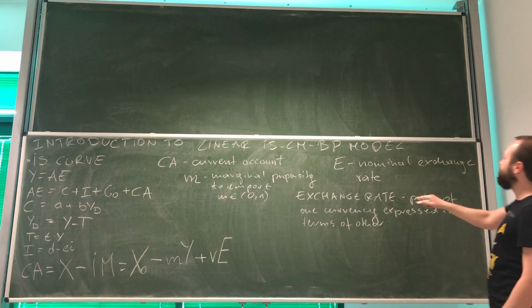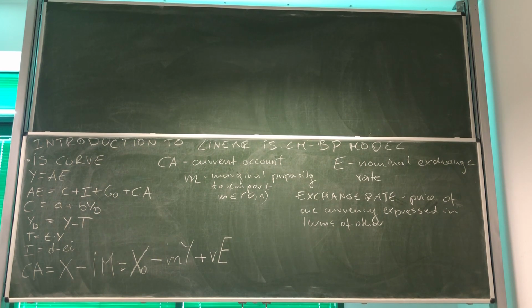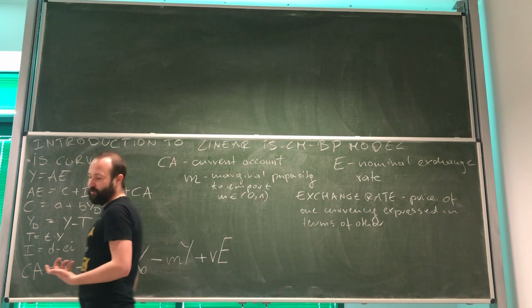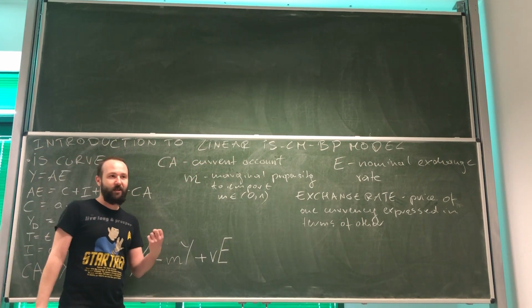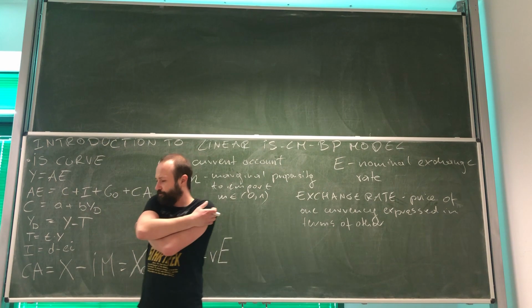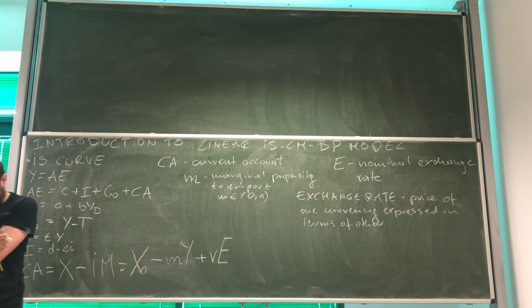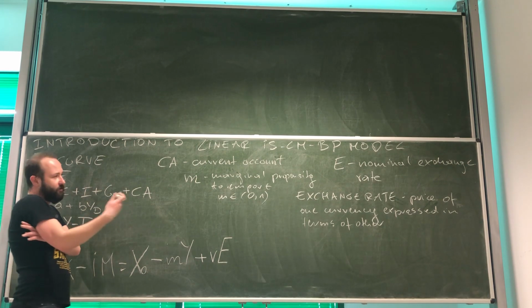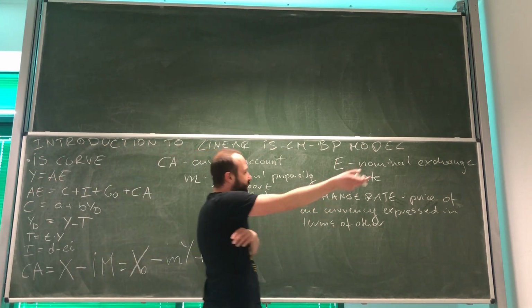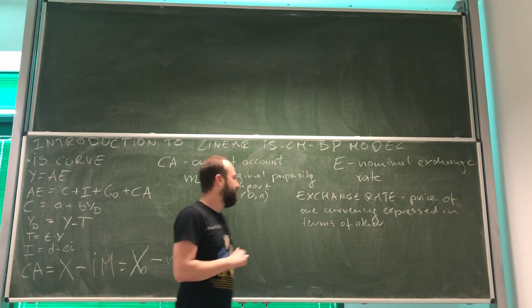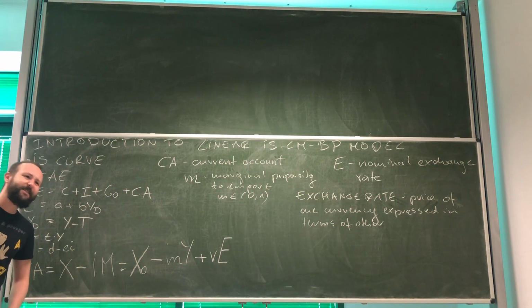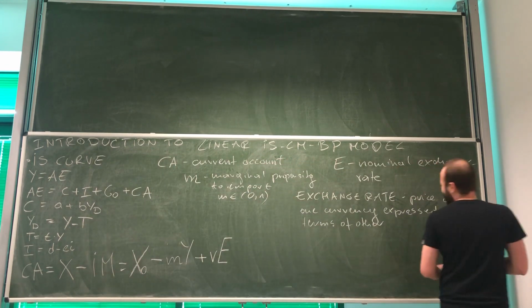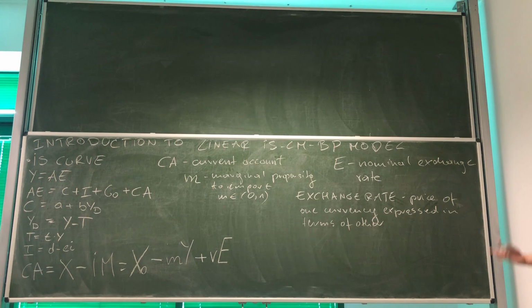So, as you see over here, the exchange rate is a price of a different currency. So, the exchange rate is telling us how many units of our currency we need to pay for 1 unit of foreign currency, or how many units of foreign currency we need to pay for 1 unit of our currency. And look, this distinction doesn't make any difference, because those two are the corresponding values.